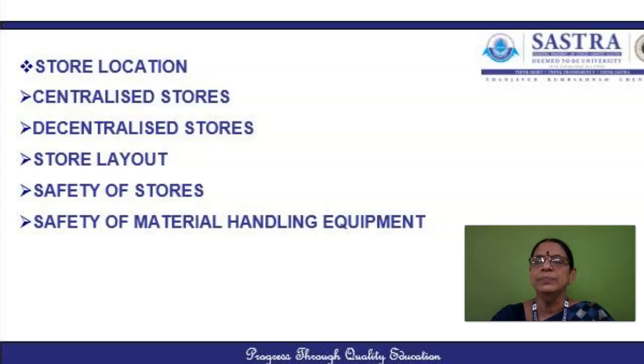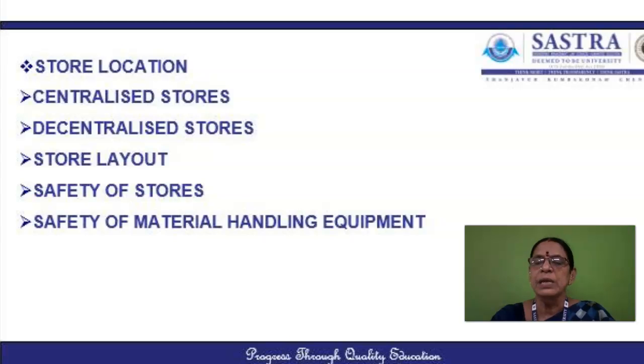And normally the preferred location in the stores will be as close to the counter as possible. The place nearest to the issue counter will be given only for the fast moving items.